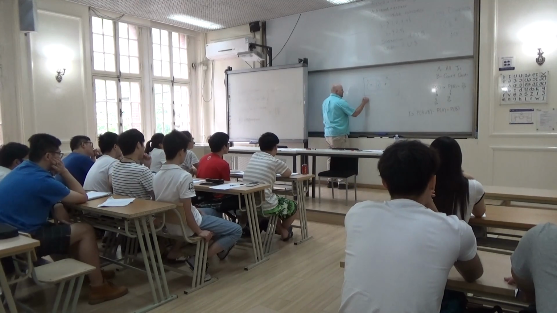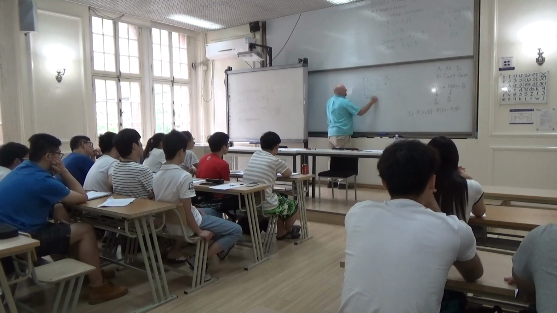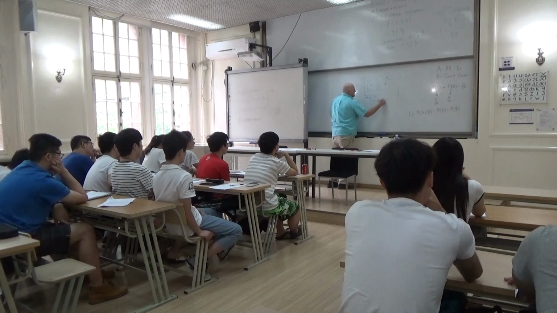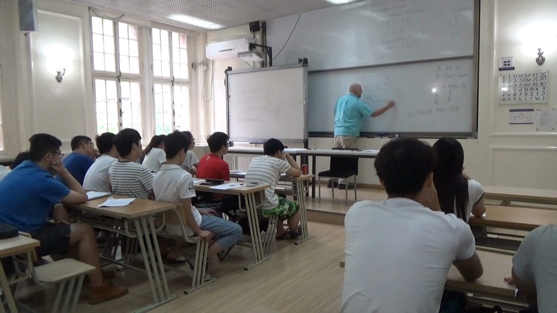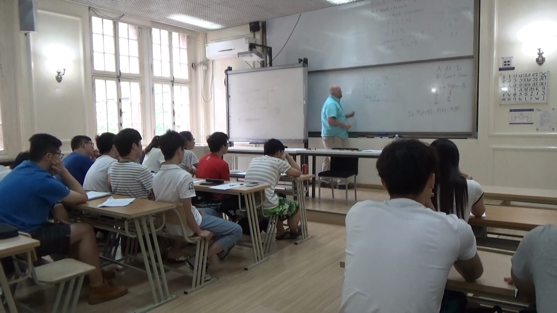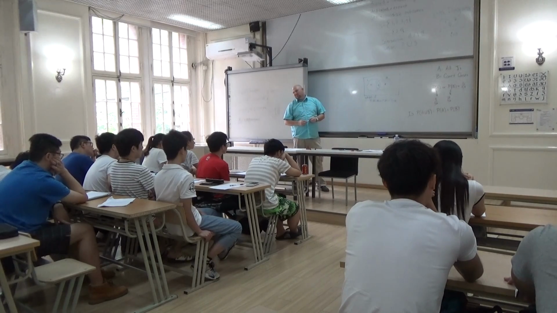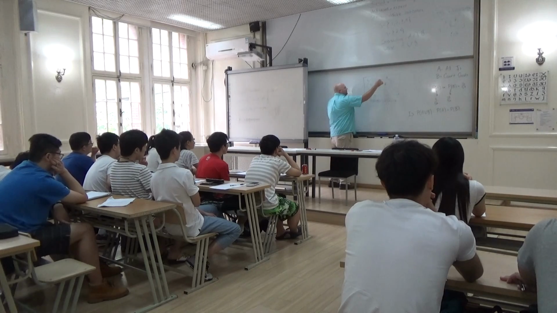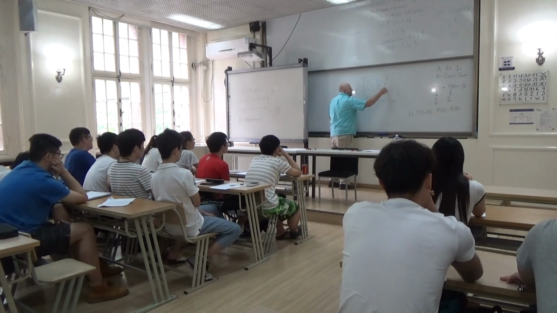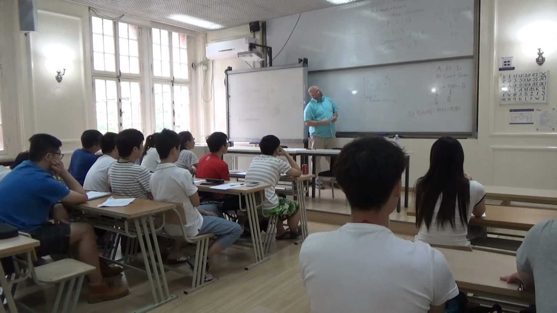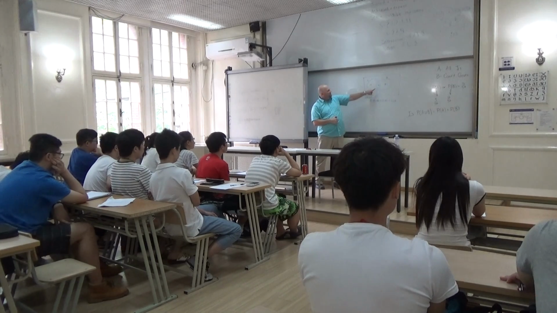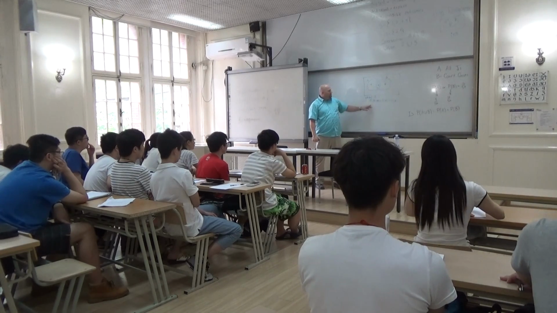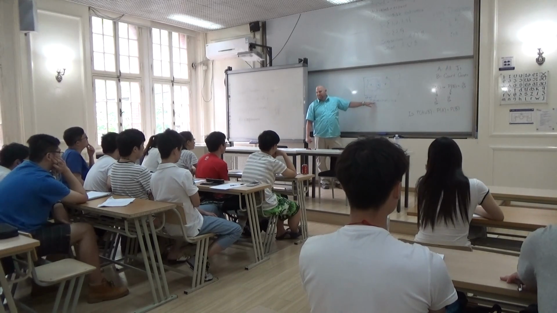What if I said the probability of A union B equals the probability of A plus the probability of B? What happens if I take this value plus this value? I count this value twice, right? You see that? So this is not true. What would make it true?